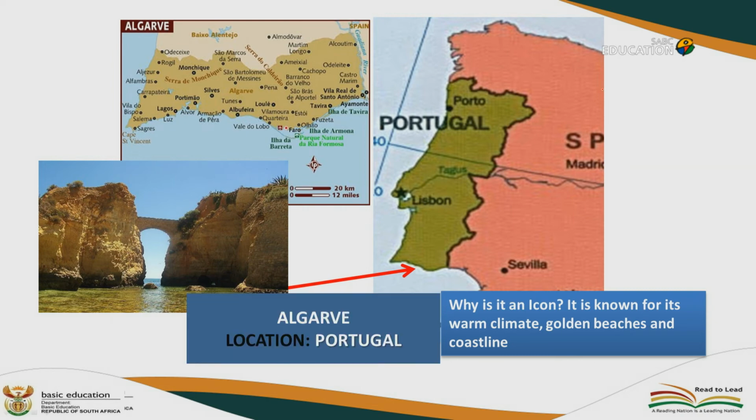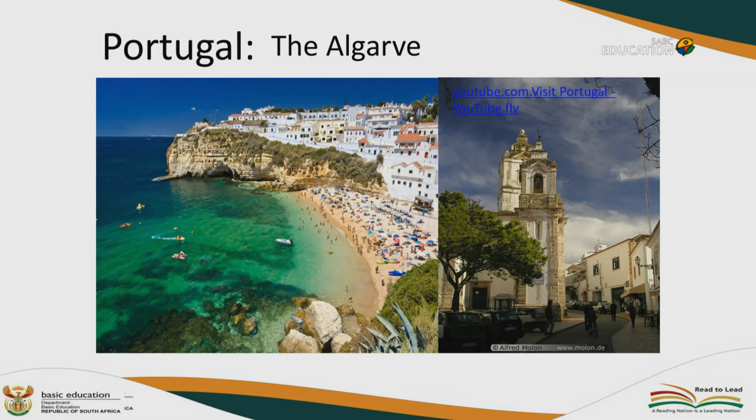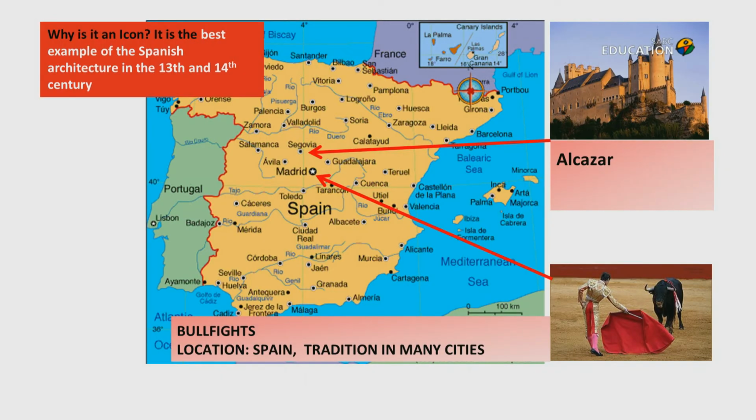There are so many, remember grade 12, I was saying we have so many icons, 41 of them. You won't know where the examiner is going to set. Make sure that you know each one of them. I know there are many, grade 12, but please make time every day, learn one. We've got this one, the Algarve.